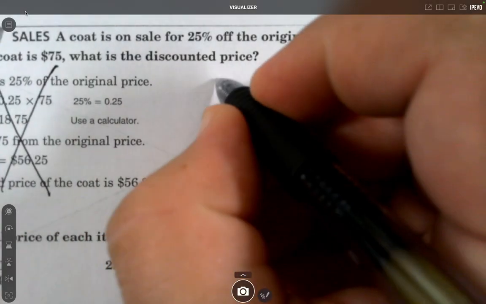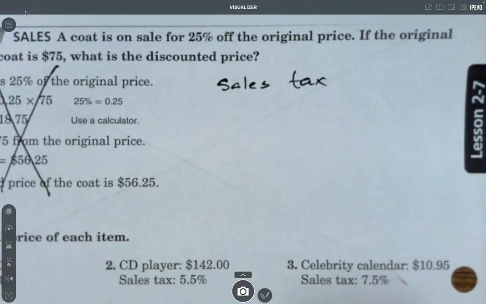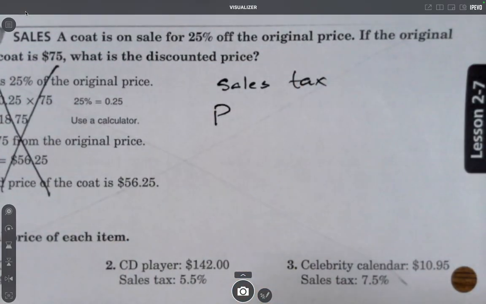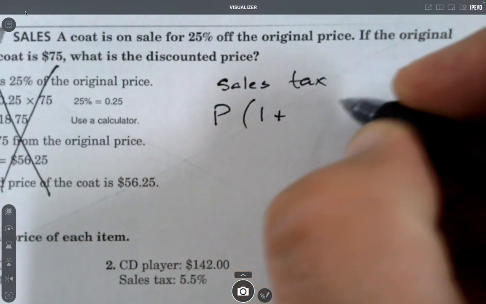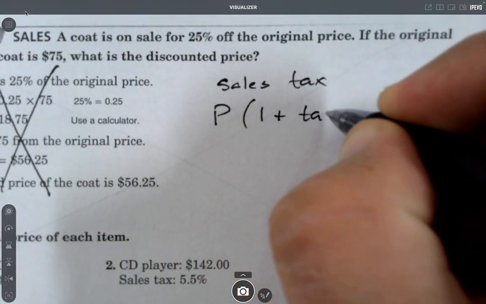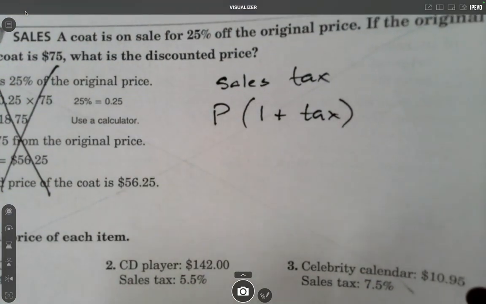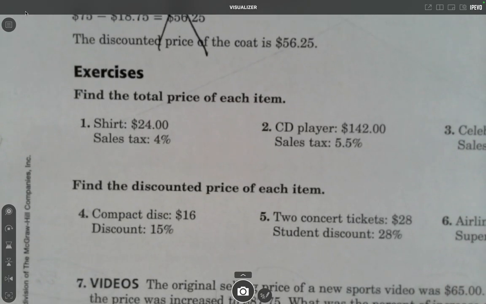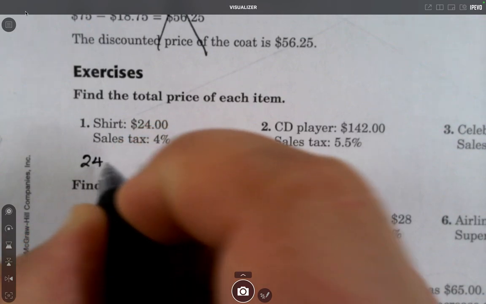So for sales tax, you take the original price, I'll just put P for that, and you multiply by 1 plus the tax. So here's what I mean by that. On number one, the original price of the shirt was $24. So that's the price. You put 24 in first.